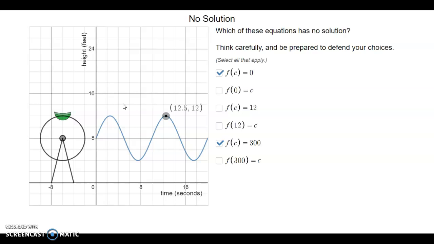So if I just keep continuing on, I'd probably be close to the top of my Ferris wheel. So that one is a possible solution.